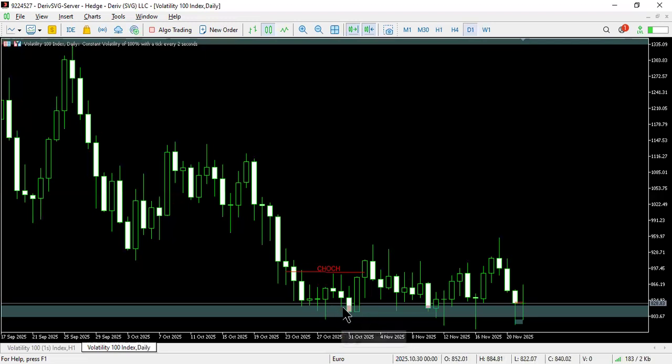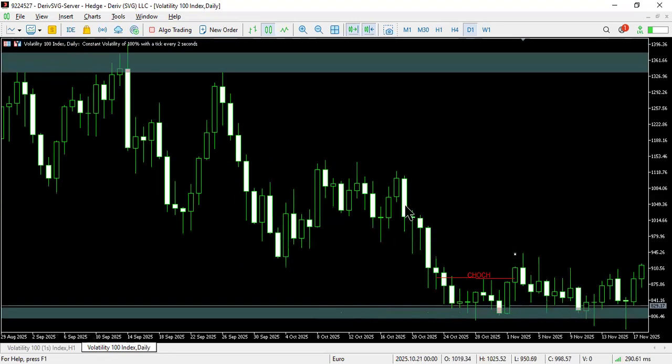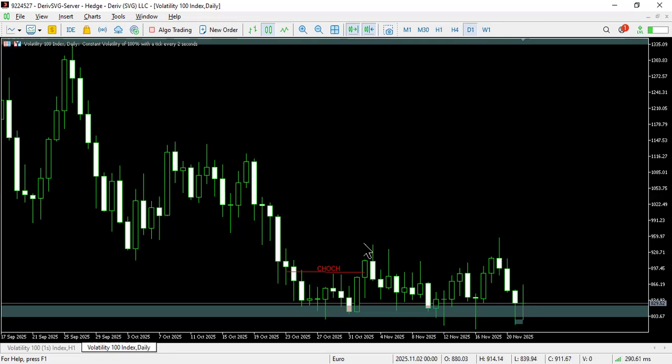And then price is reacting at this order block. And then I can also see a resistance here, where price is ranging between this support and the resistance level.